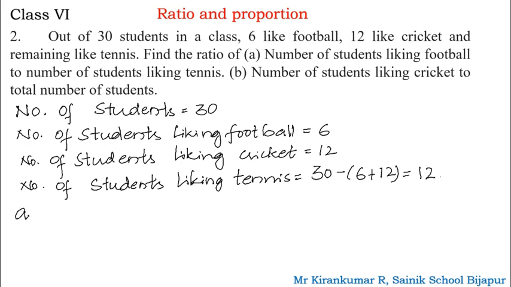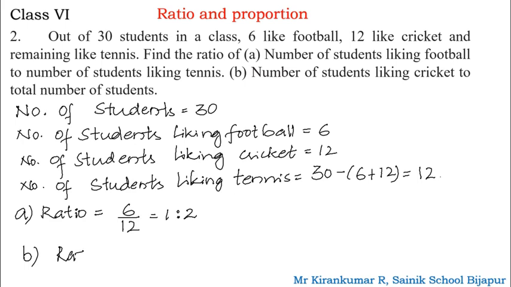Now we shall take up the ratio. In the first, it's the ratio of the number of students liking football, which is 6, to the number of students liking tennis, which is 12. On simplification, we get the ratio as 1:2 since both numerator and denominator are divisible by 6.